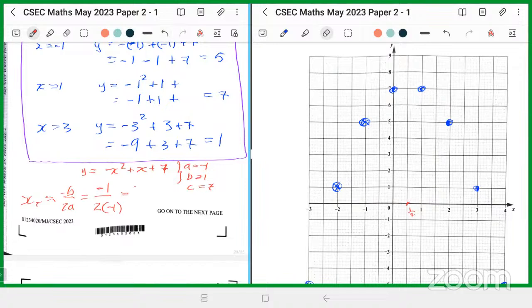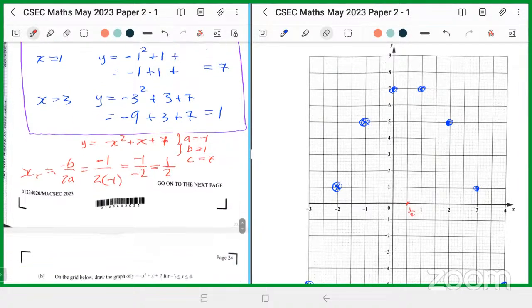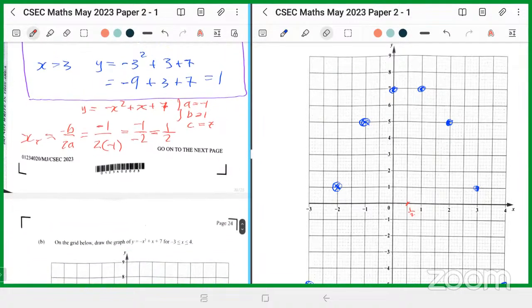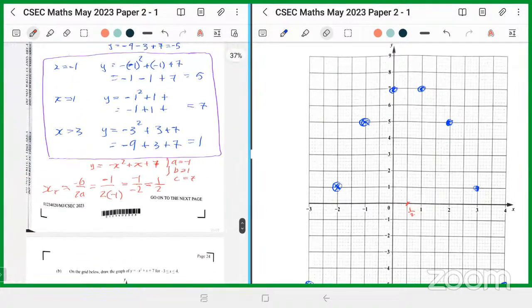This will become -1 over -2, which you see is a half. But I didn't have to calculate it because I have the values there. I can see that that is the x value of the turning point. And then, as I said, I can take the x value of the turning point and put it in the function, or I can calculate yt. Whichever way you do it, you're going to get the same answer. I'm going to do it both ways just to show you.